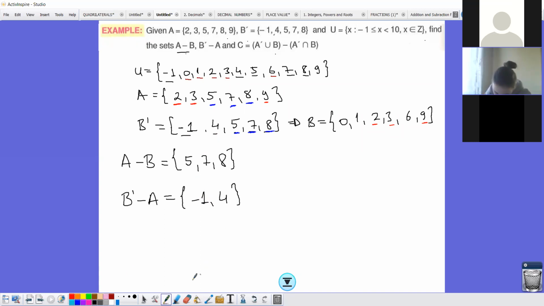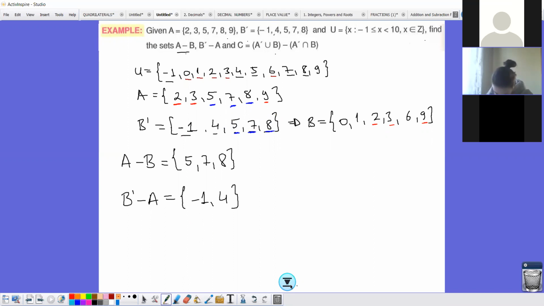Teacher, why not 9? 9 is in A. Look, B prime is first, so we are writing the elements that are in B prime, and taking out the elements that are in A. Okay, I understand. -1 and 4 are left.